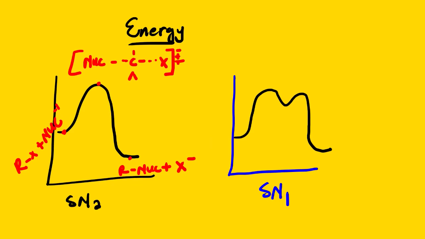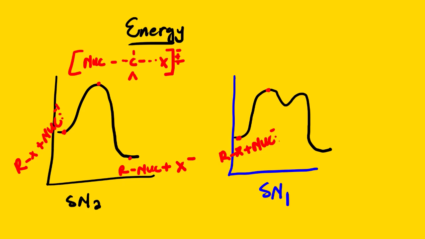While in SN1 reaction, this is where we have our reaction with the nucleophile, and then the first maximum point is where we have the first transition.